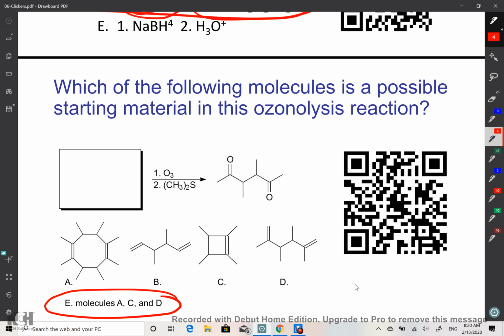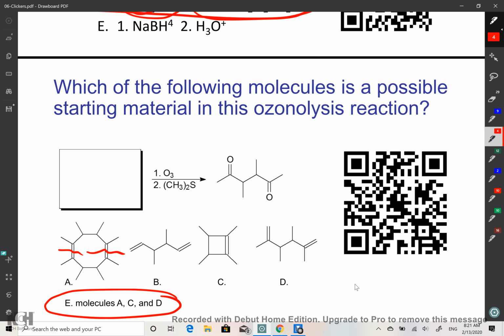Remember ozonolysis: all you have to do is split the double bond into two. If I take molecule A, split this into two, and cap both ends with oxygen, I will form that product. The upper end is the product and the lower end is also the product.